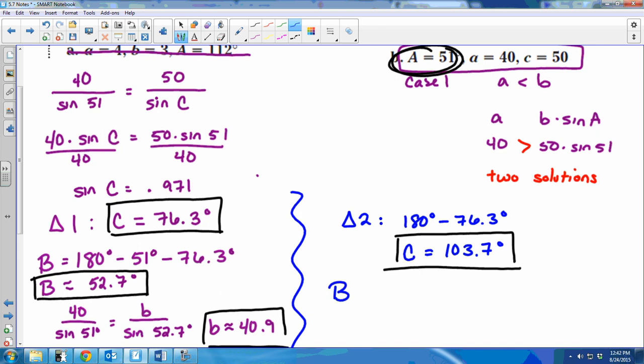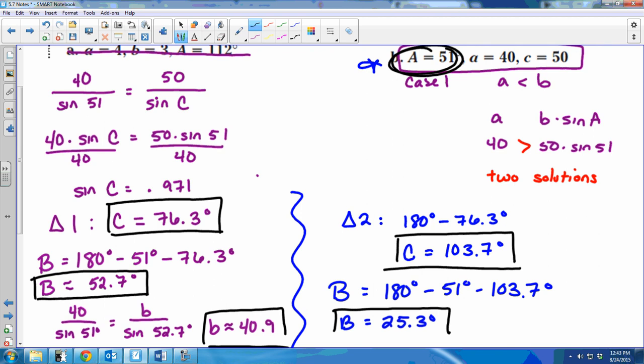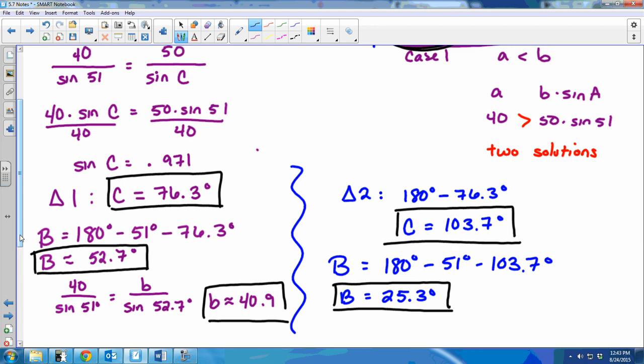So again, everything that was given to you in the original problem up here still applies. So you have 180 degrees minus 51 degrees minus 103.7 degrees. So B is 25.3 degrees. And so then I need to use the law of sines to find the missing side B for this triangle.